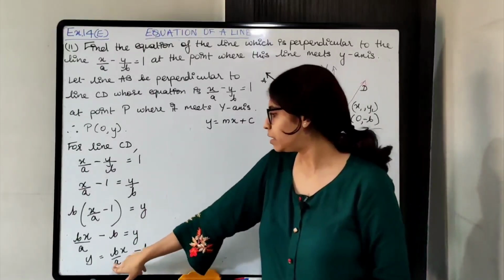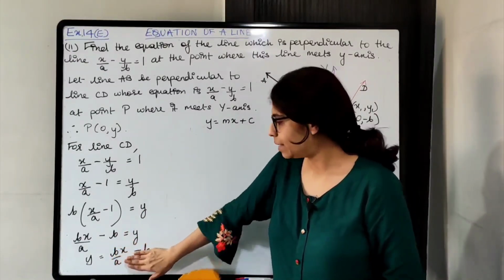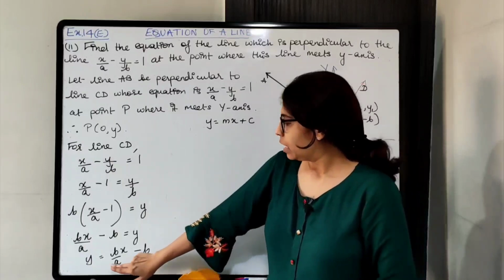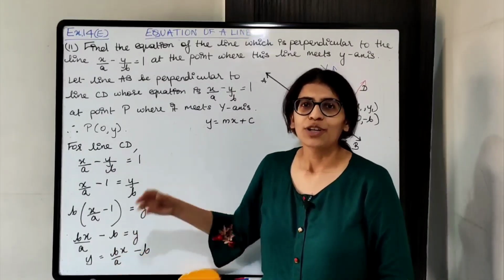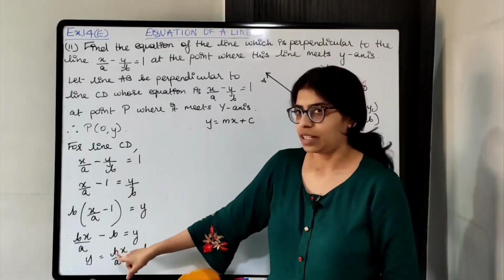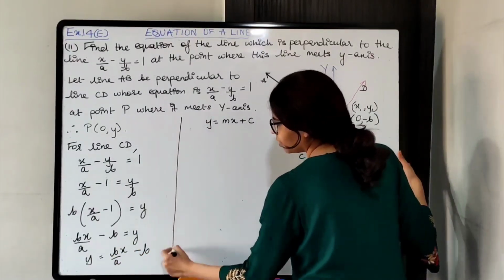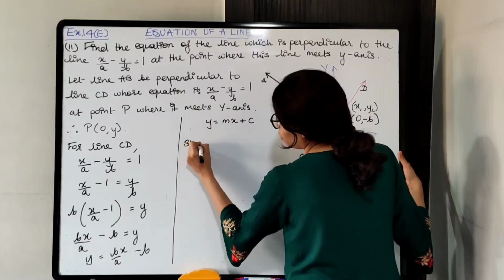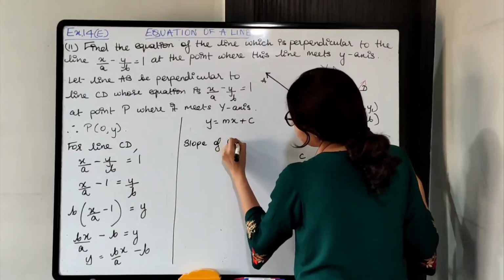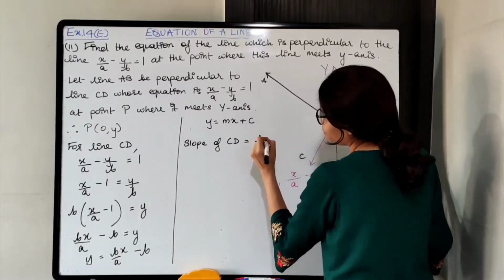Okay, there will be no common denominator here. So let it remain as it is only. Now comparing with the standard form, what is the value of slope? It is b upon a, right? We get b upon a. So slope of CD is b upon a.